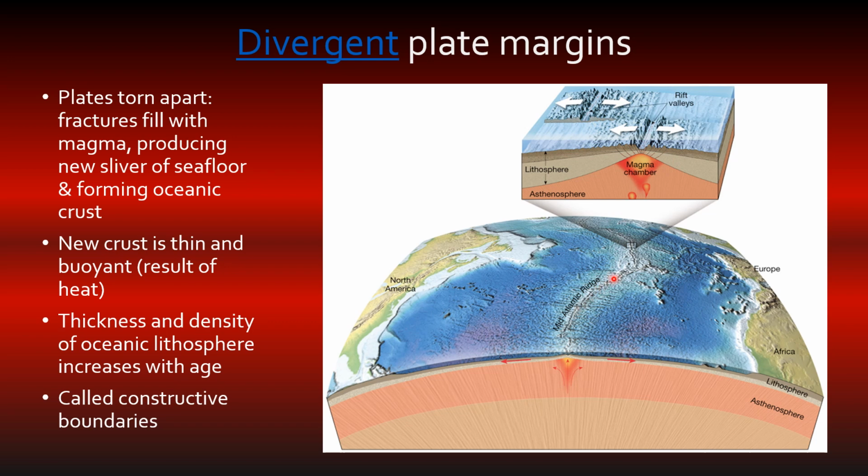Now notice the ridge down here is not just one single line. It's actually a little bit of divergence here. Then you move over a little bit and there's some divergence there. This is somewhat due to the way the magma chamber is behaving.